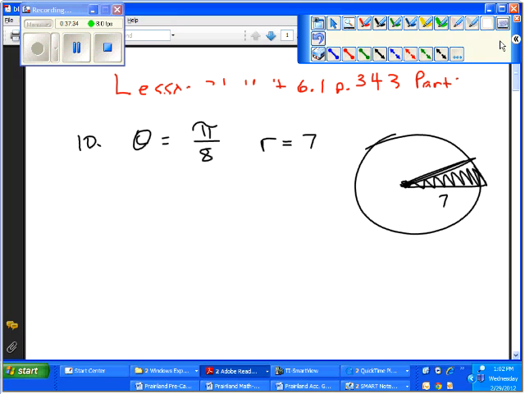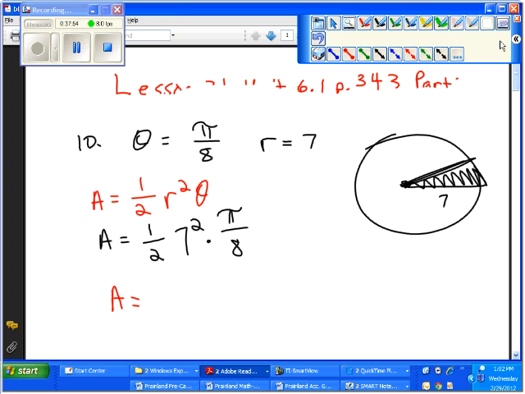And so we're going to have area is equal to 1/2 r squared theta. And so we're going to have area is equal to 1/2 of the radius, which is 7 squared, times theta, which is pi over 8. And so we get area equals 7 squared is 49.